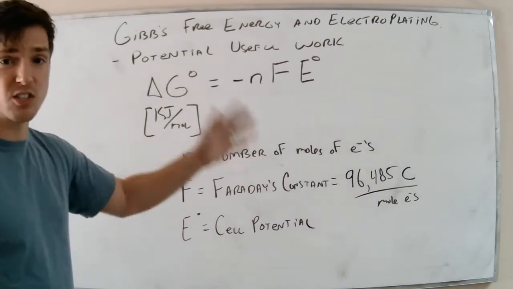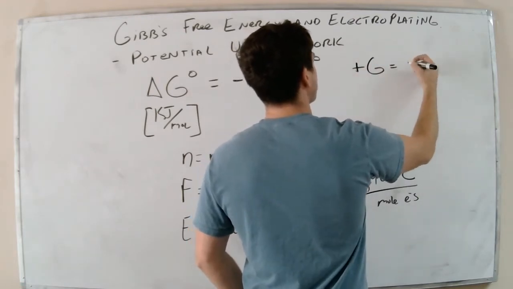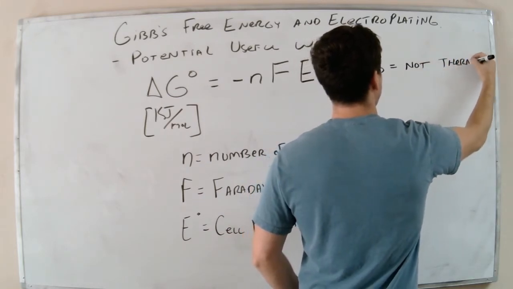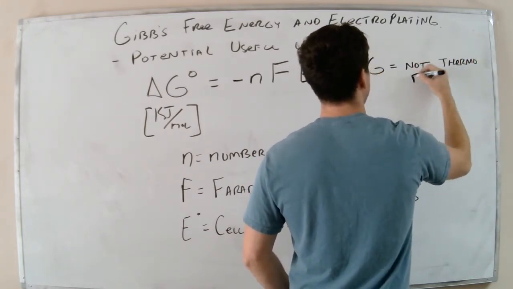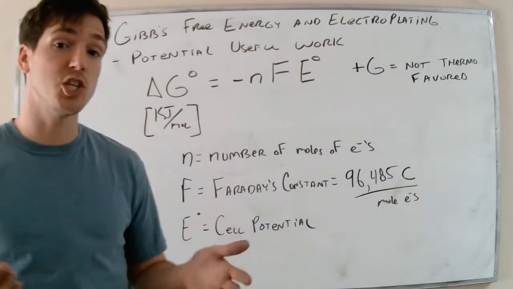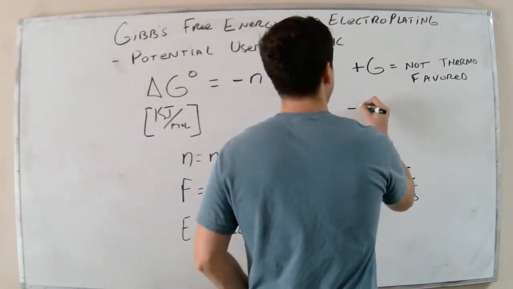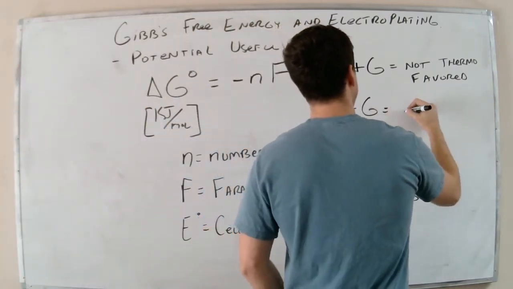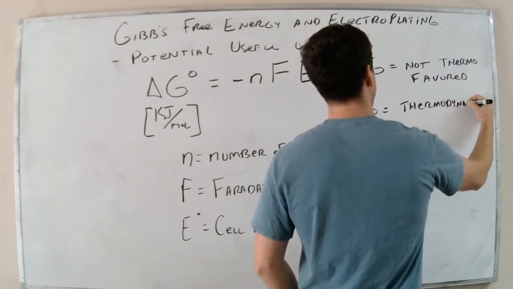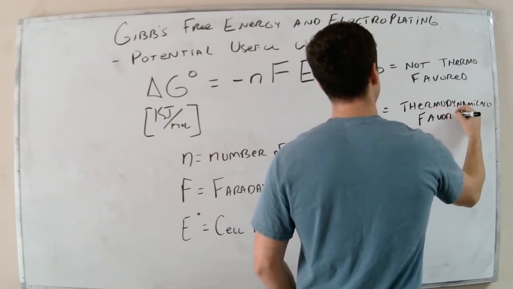Well, with delta G, if we have a positive delta G, that means it is not thermodynamically favored. And I'm just going to write thermo, okay? It is not spontaneous. But if we have a negative delta G, it is thermodynamically favored, or it is spontaneous.